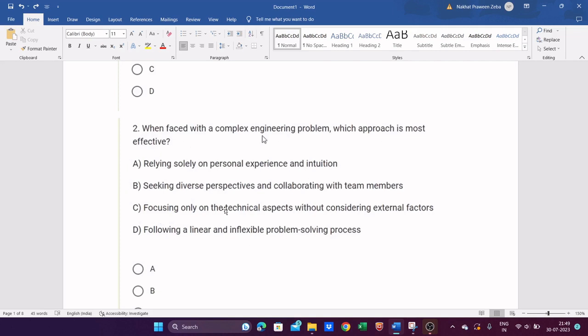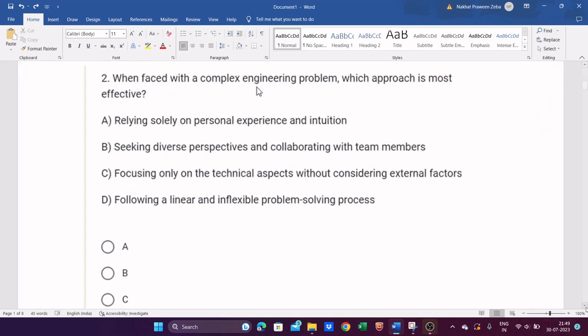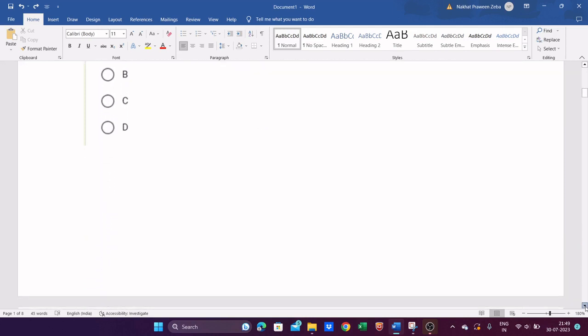Next is following a linear and inflexible problem solving process. So, no. Among all the 4 options, I think B is the most suitable one: seeking diverse perspectives and collaborating with team members, which is the most effective approach for a complex engineering problem. You can try to solve it on your own, and let me know your feedback.